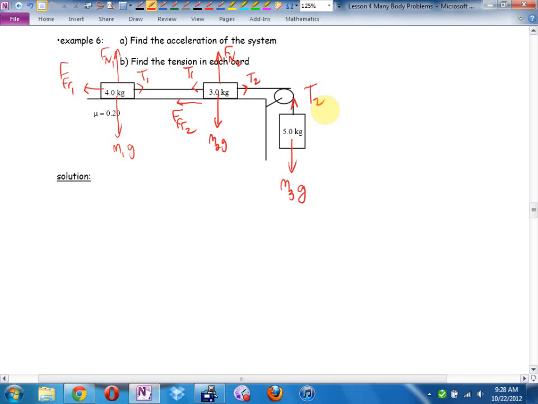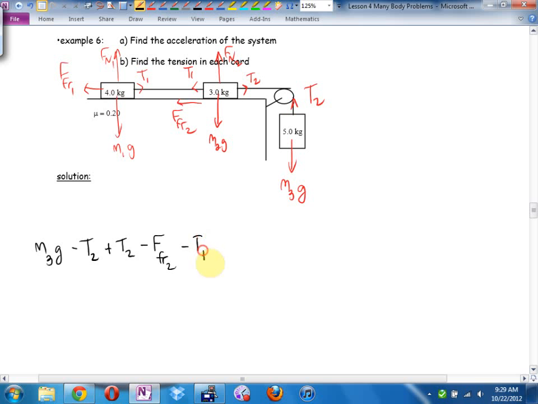Who's winning? M3G. So anything that ends up pointing down is going to be a winner. Let's walk along the rope. I run into a negative tension 2. Oh, I run into a positive tension 2. I run into a negative force of friction 2.